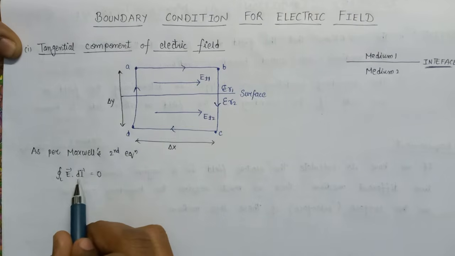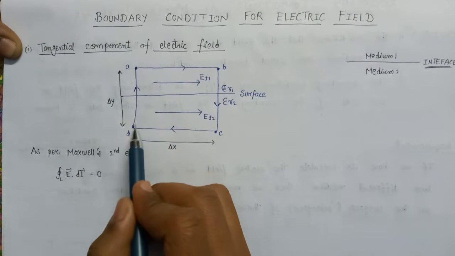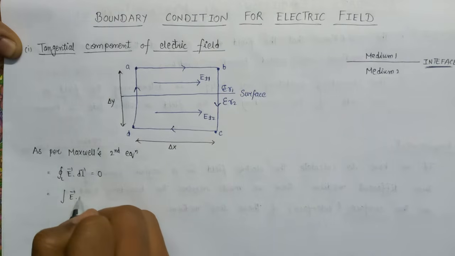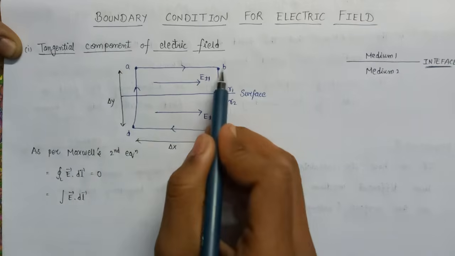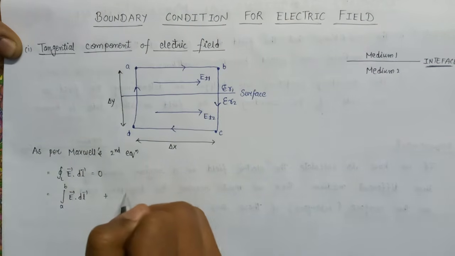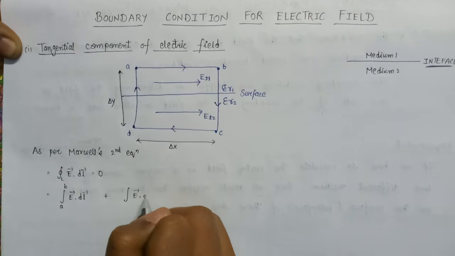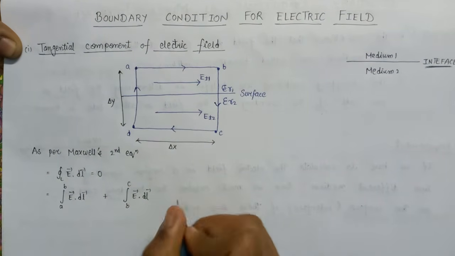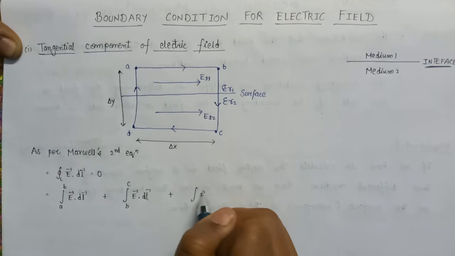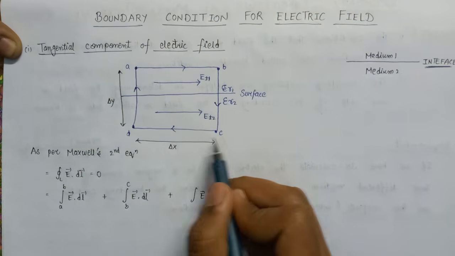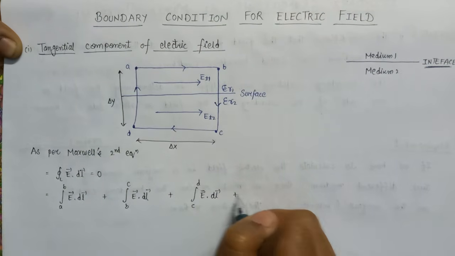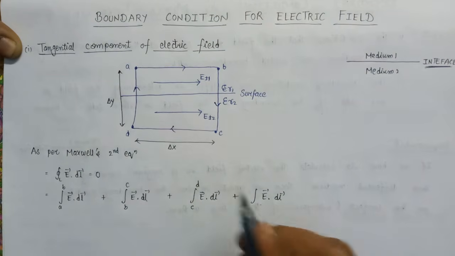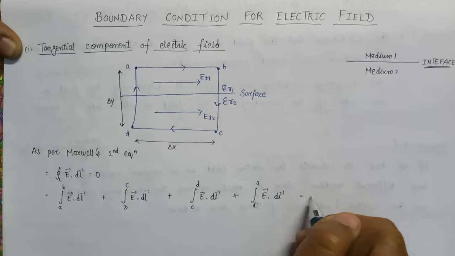Now if we discuss the line integral of electric field over the surface separately, then we can write it as line integral of E dot dl for A to B plus line integral of E dot dl for B to C plus E dot dl for C to D plus E dot dl from D to A equals to 0.